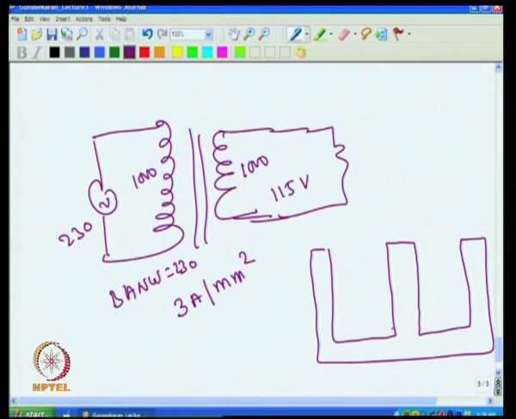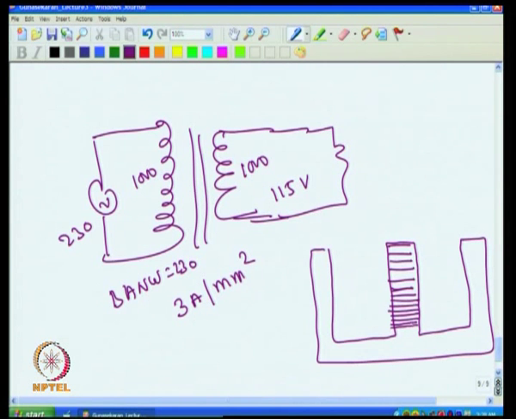For example, if I am putting 1 turn, then it occupies 1 diameter of length. Then I can ask how many turns one layer can take. If this length is say 20 mm, and the dia is 1 mm, then it can take 20 turns in one layer. So we are winding like this.